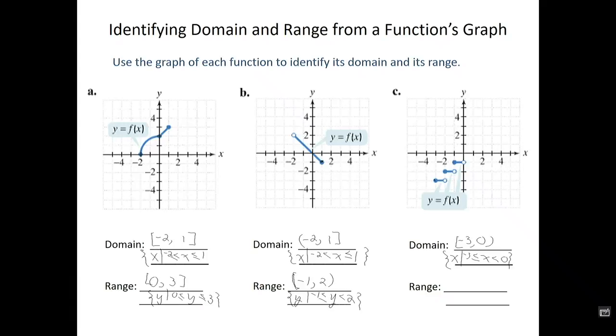So the range would be the set containing the numbers -3, -2, and -1. In set builder notation, the set of all y such that y is equal to -3, -2, -1.